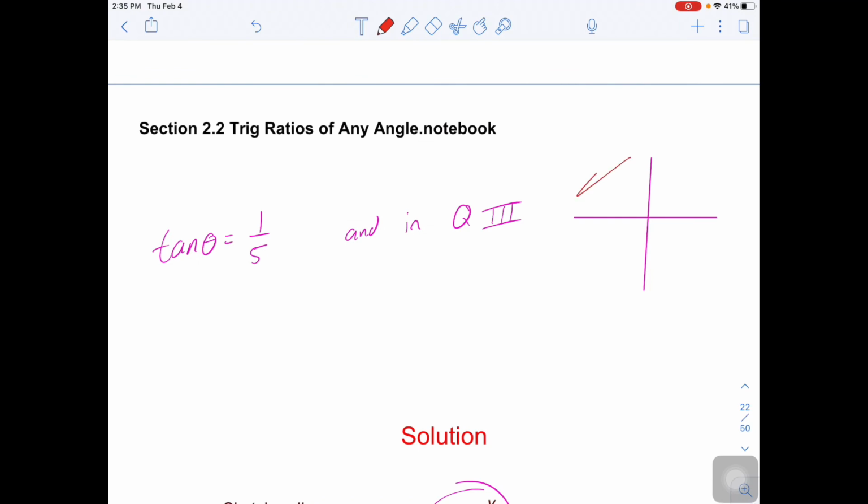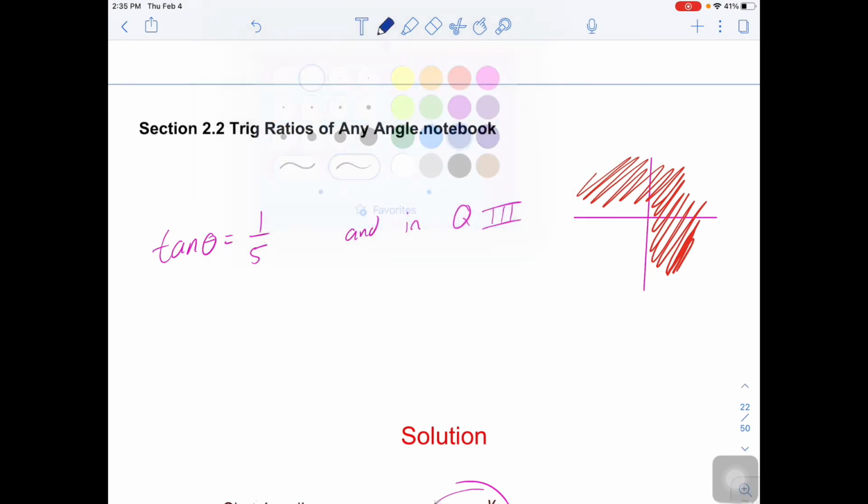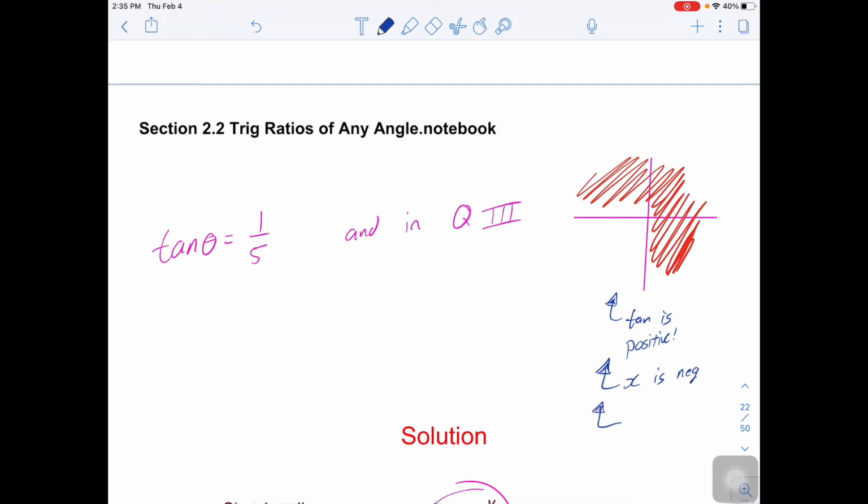So we live in quadrant 3, so we can blank out all the other quadrants. Now what about quadrant 3 is special? The fact that we live in quadrant 3 is that tan is positive. But some things to note are that x is negative, and we also need to note that y is negative.